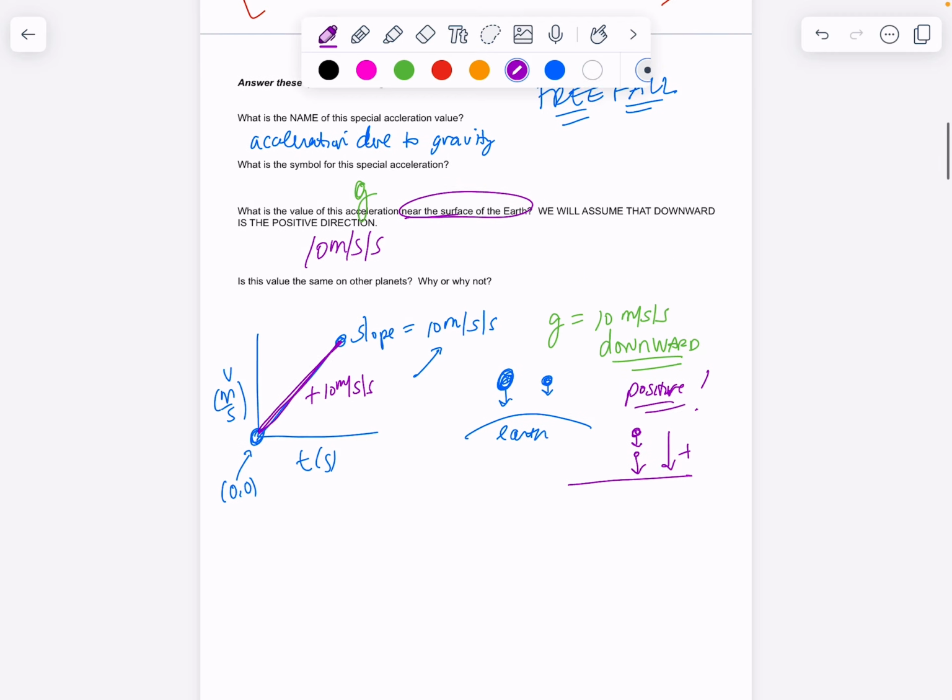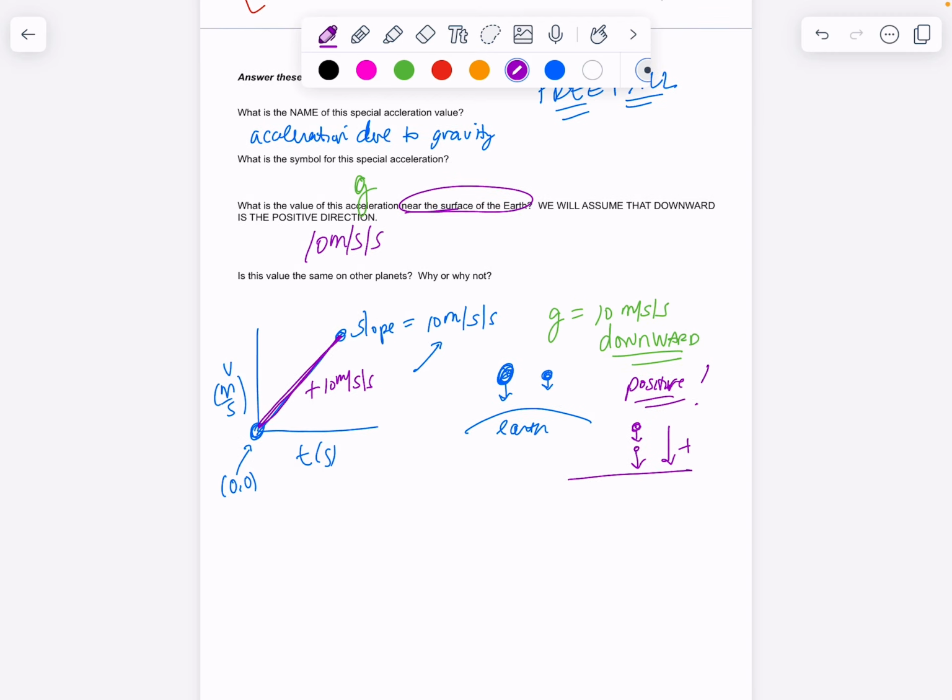You don't really need to know this, but just for interest purposes: this number, acceleration due to gravity, is based on the planet itself, or the large object to which something is drawn. It is based on the mass and the radius of the planet, mostly on the mass.